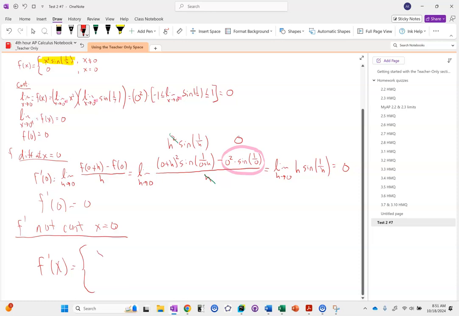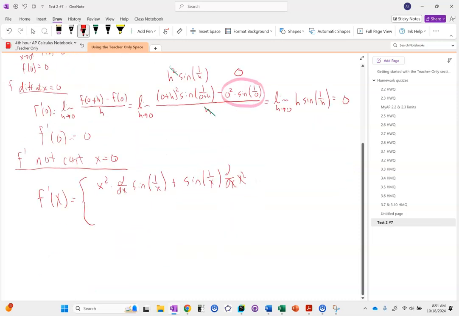So I'll have x squared times the derivative of sine 1 over x plus sine 1 over x times the derivative of x squared. And to do the derivative of sine 1 over x, I need to use the chain rule.